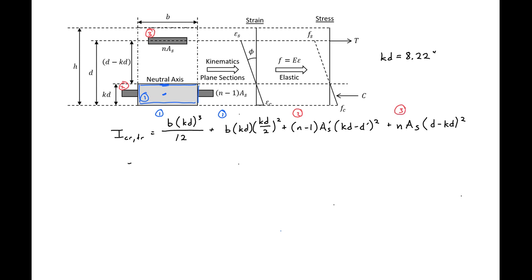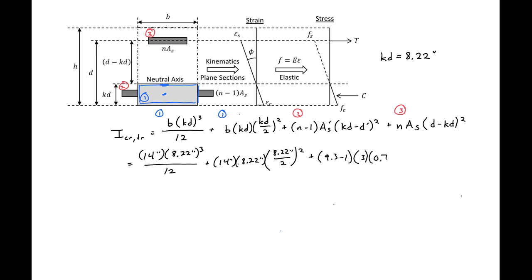So now plugging in our values, we'll have our B, 14 inches, times 8.22 inches to the third divided by 12, plus 14 inches times 8.22 inches times 8.22 divided by 2 squared, plus our n minus 1, so 9.3 minus 1 times our AS, 3 number 8 bars, or AS prime, times our KD, so 8.22 inches minus D prime, 2.5 inches squared.